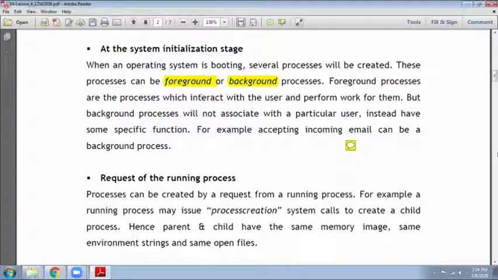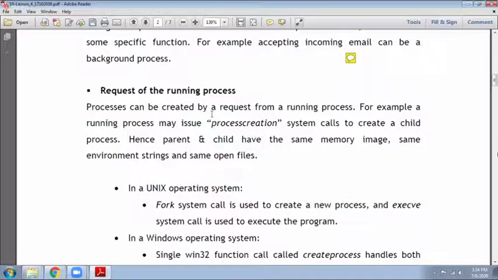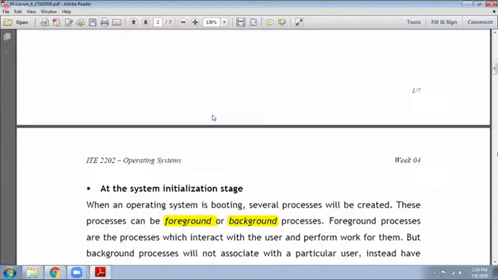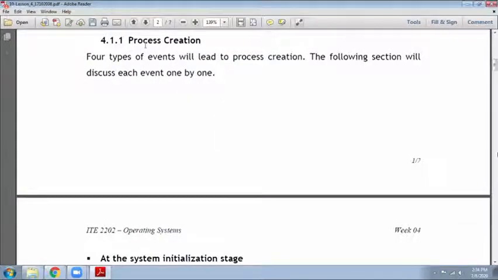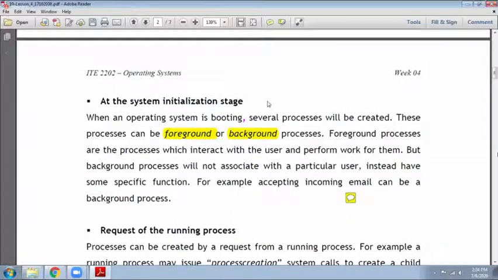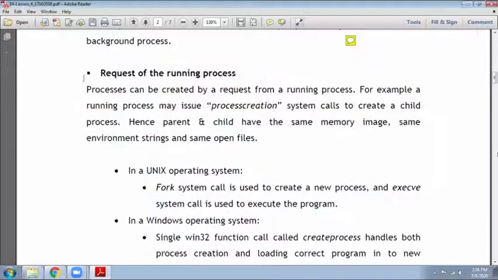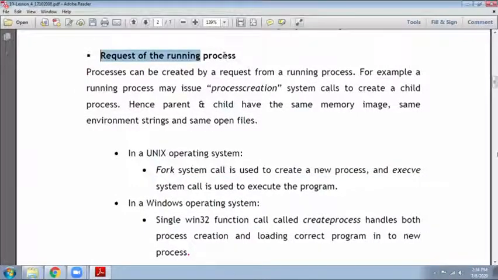So now it is clear, no? Foreground and background process at the initial initialization stage. Now the second type of process creation. The first type is at the initial stage, initialization, where processes boot up. The second type is a request of the running process.